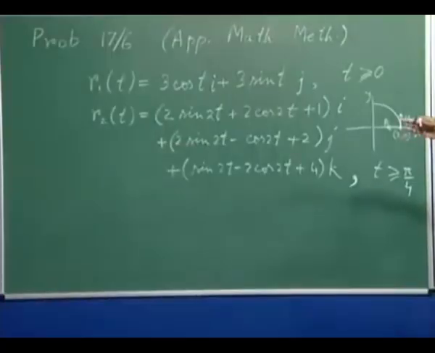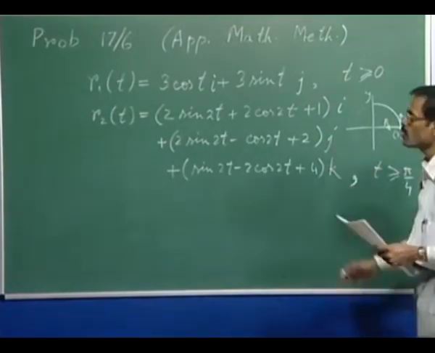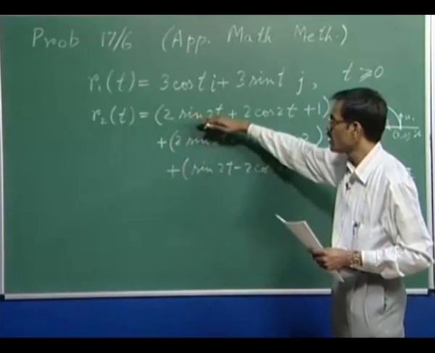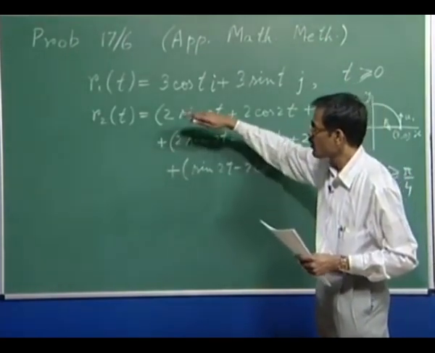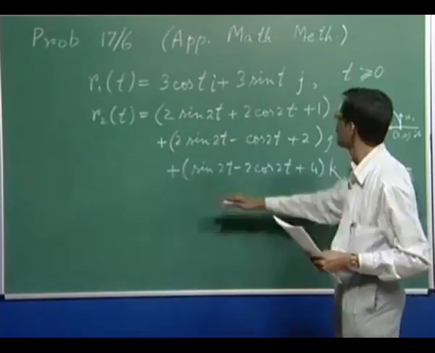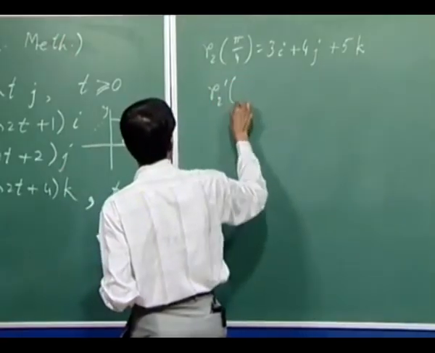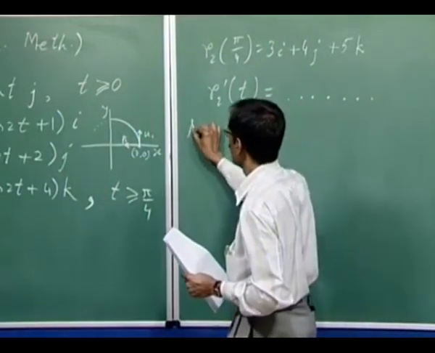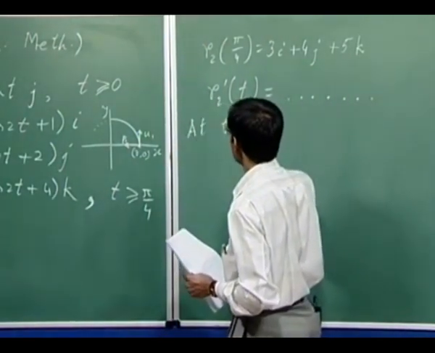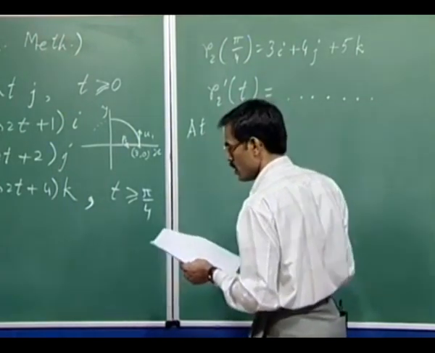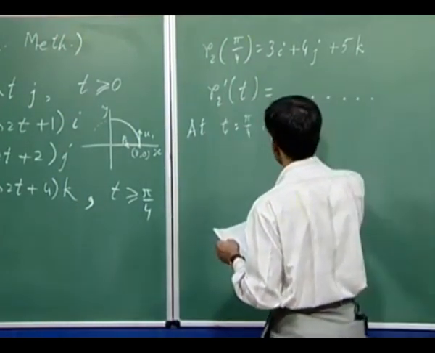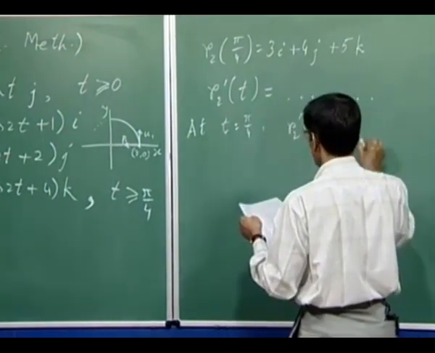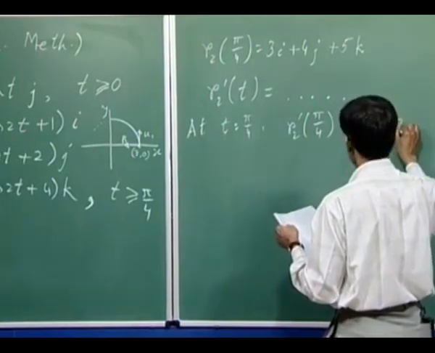Now, if we develop the first derivative and second derivative, that also you can similarly do. Finding the derivative is not very complicated. So, I am omitting that and giving you the result. If you evaluate the first derivative of this, that is r2 prime t, at t equal to pi by 4, then you find that you get this as minus 4i plus 2j plus 4k.